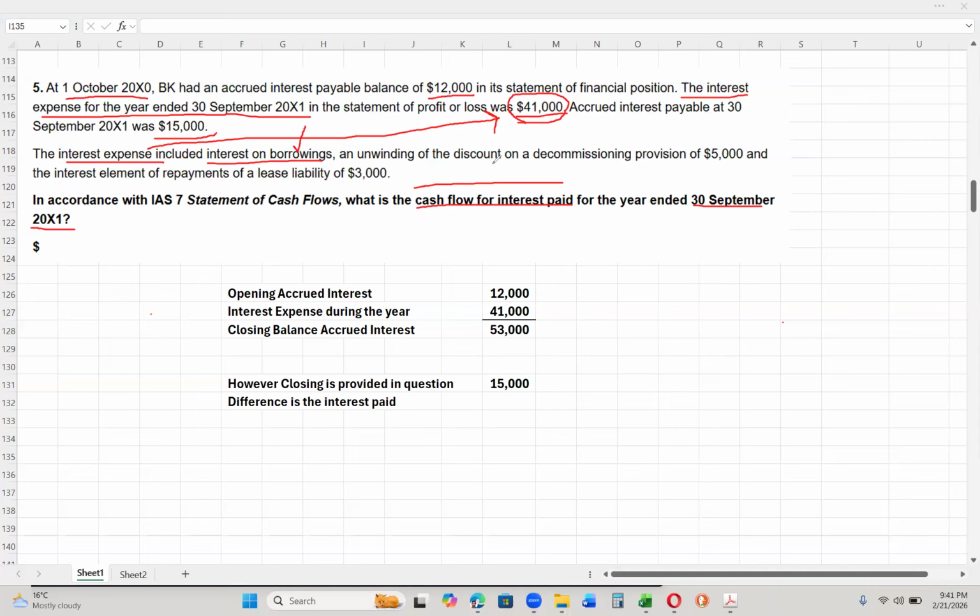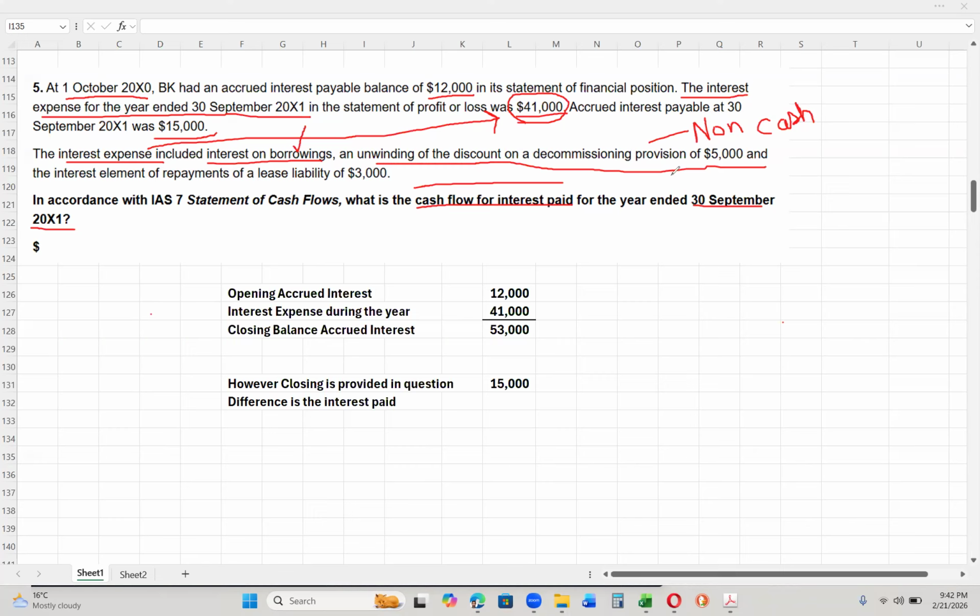It also included an unwinding of the discount on a decommissioning provision of 5,000. Clearly this is the unwinding of the decommissioning provision. This is a finance charge, but it is non-cash. They have included in this interest charge something which is non-cash. What we are trying to calculate is the amount of cash paid for interest, so the charge that we are using should not have this amount.